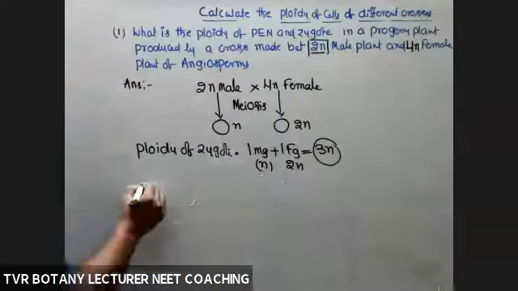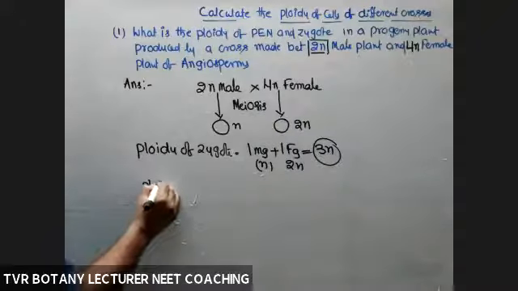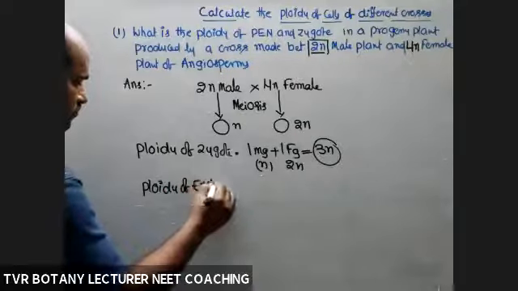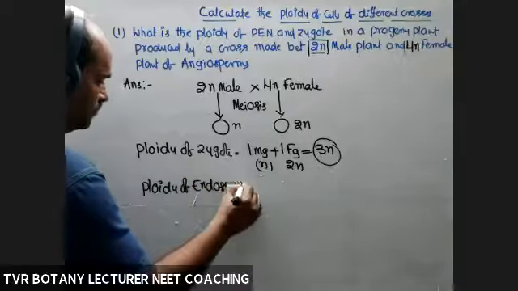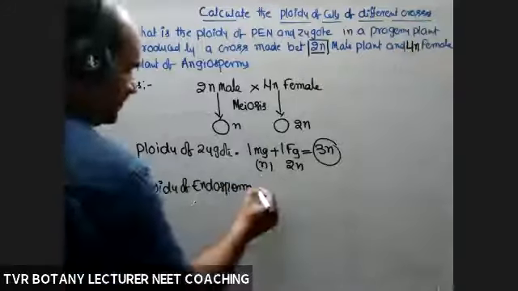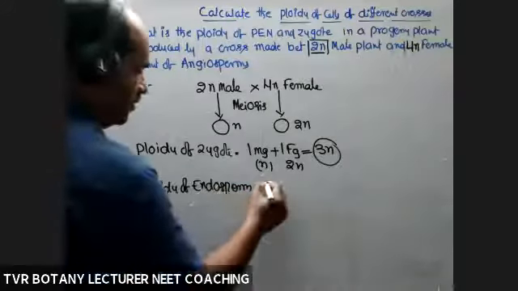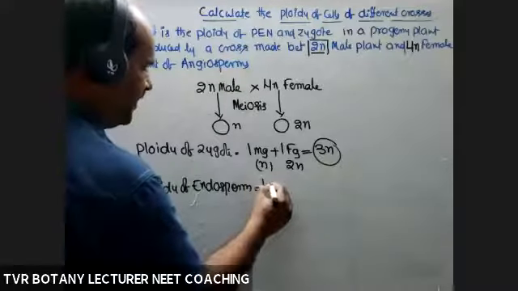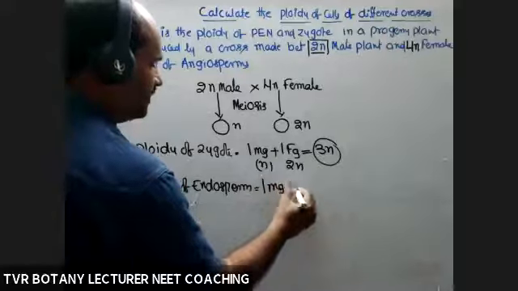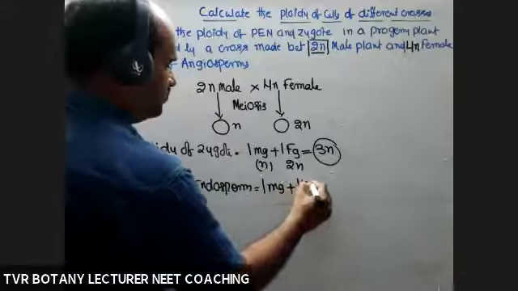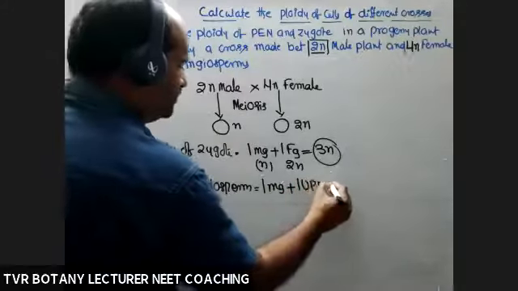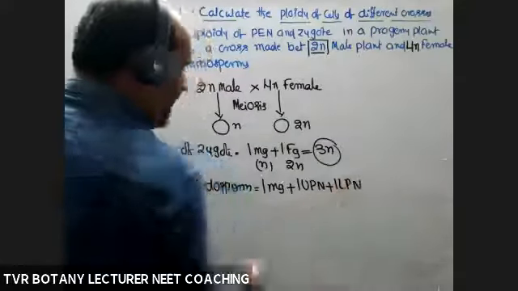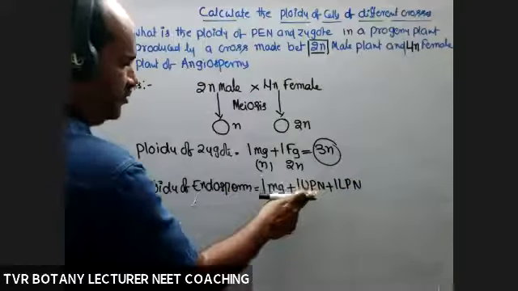Now, what about the ploidy of PEN or endosperm? To calculate that one, take the two polar nuclei separately with one male gamete: upper polar nucleus plus lower polar nucleus. On behalf of the female, two are involved.